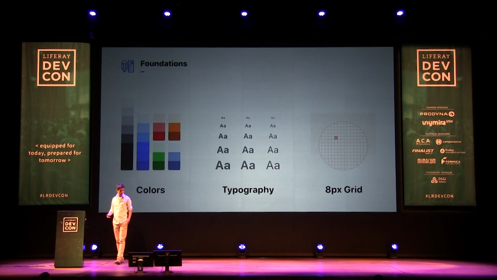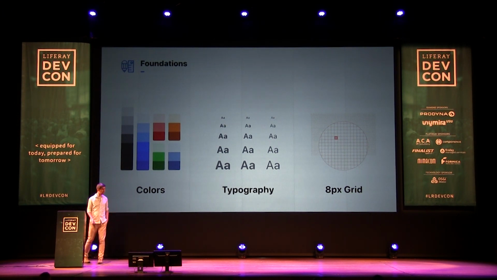So in the foundations, we can find the colors, typography, and the grid. Basically, we have defined a color palette. You can change it for the one you want. We have defined a typography that is the font system. You can change it for the one you want to introduce the personality of your brand.